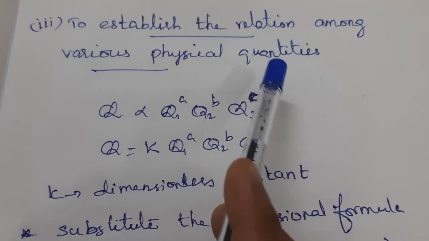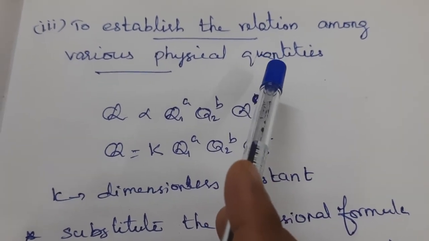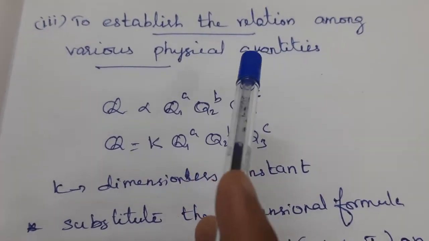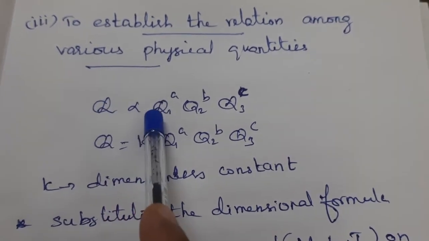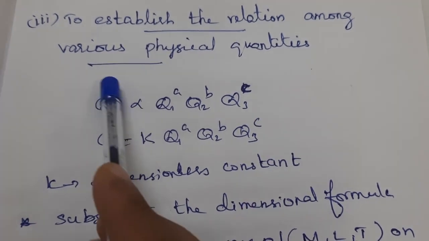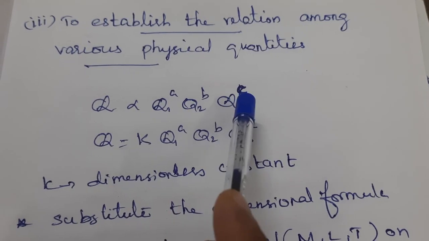That is, some quantities are given. Based on the problem, you have to find the relations among the quantities. Suppose a physical quantity Q may depend upon the quantities Q1, Q2, Q3.